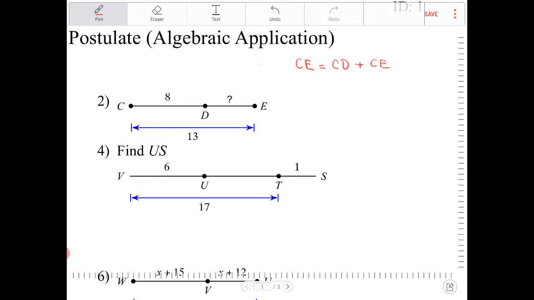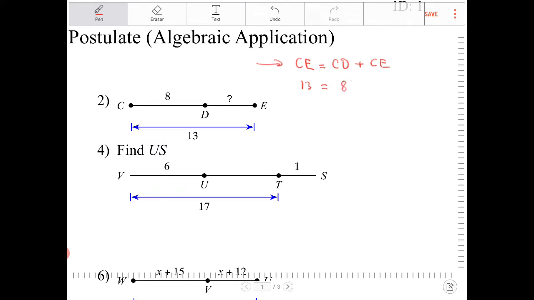I'm going to be using this technique throughout all the different problems here. For this beginning problem it's kind of an overkill, but you're going to see in a moment that writing these steps out will help immensely in solving the following problems. So CE is made up of what value? That's 13. And CD is made up of 8.